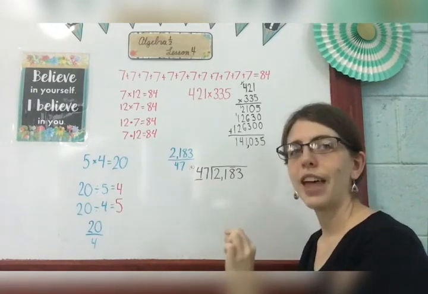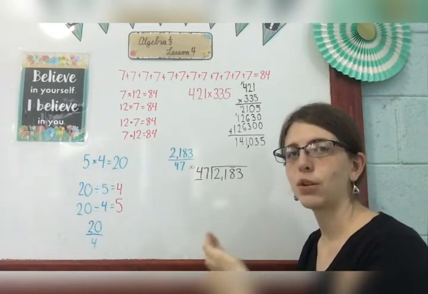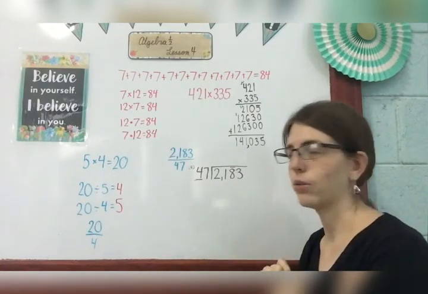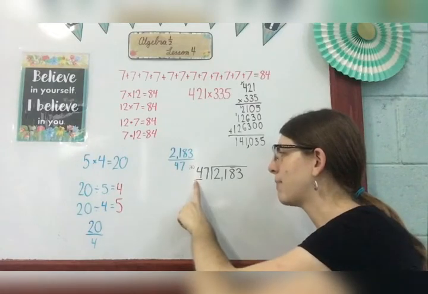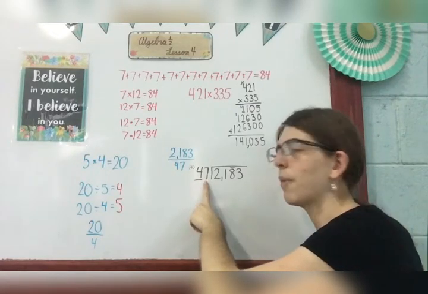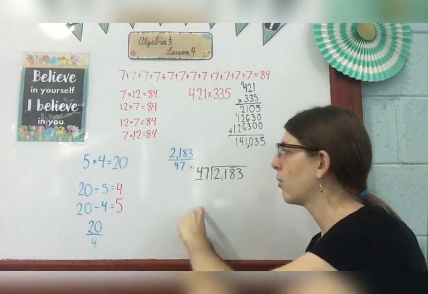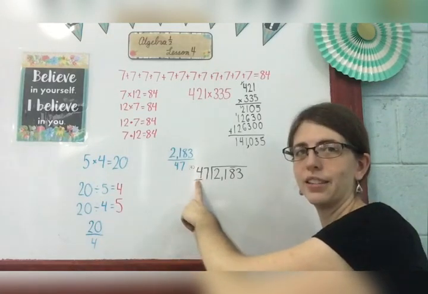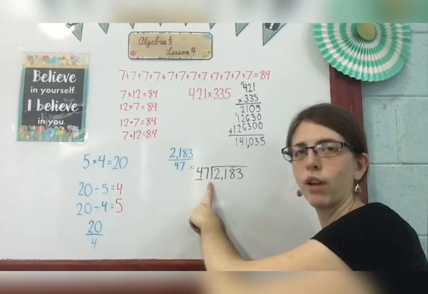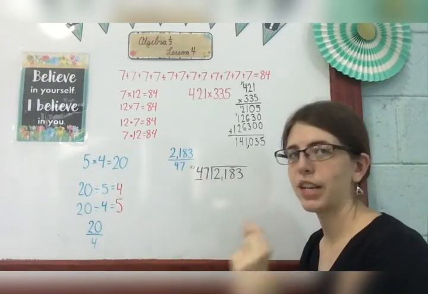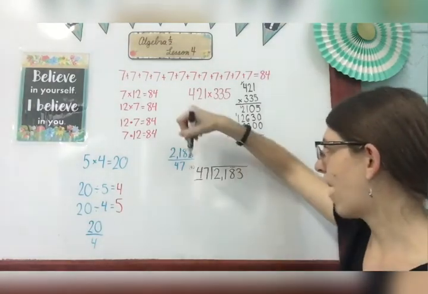You're going to use that to estimate how many times your number can go into the number here inside your division house. But we estimate this number based on the number right behind it. If the number behind it is 4 or less, we estimate using that number as it is. If the number behind it is 5 or greater, we round up and estimate using a number rounded up. So I rounded up to 5.